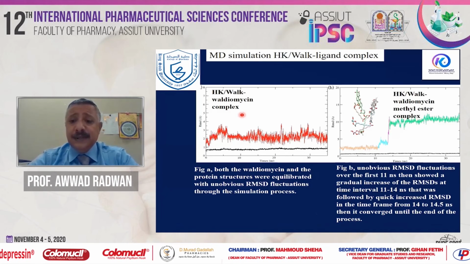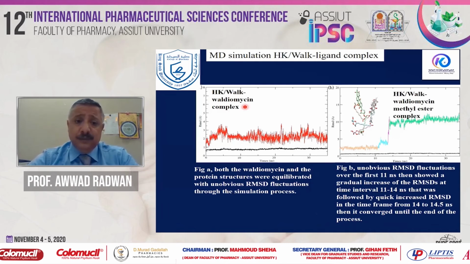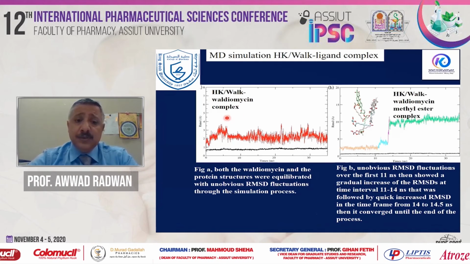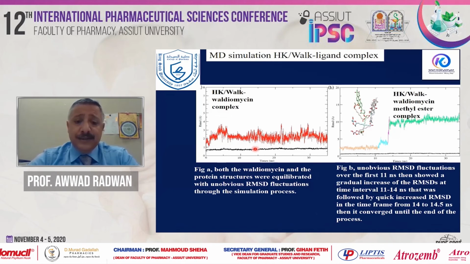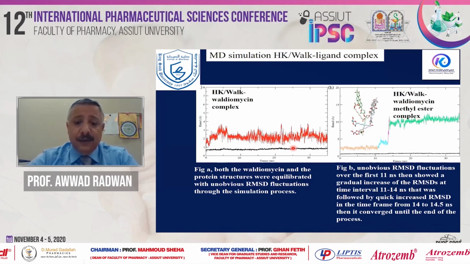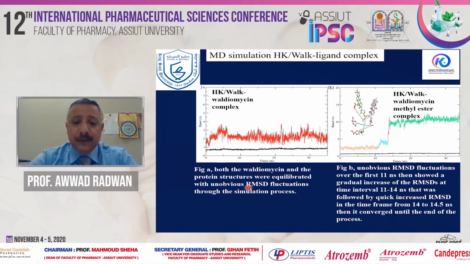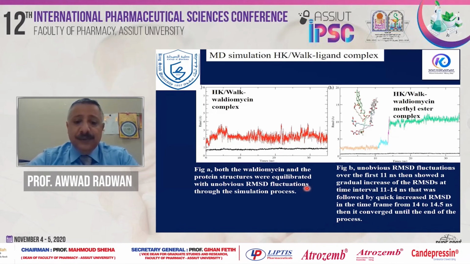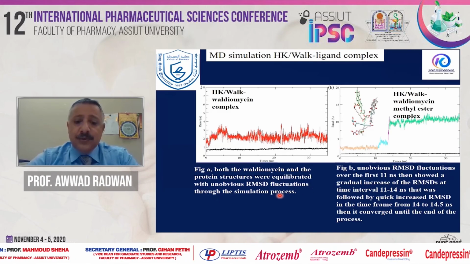For the waldemicin active compound in complex with histidine kinase O, both the waldemicin and the protein structures were equilibrated with no obvious root mean square deviation fluctuations through the molecular simulation process.